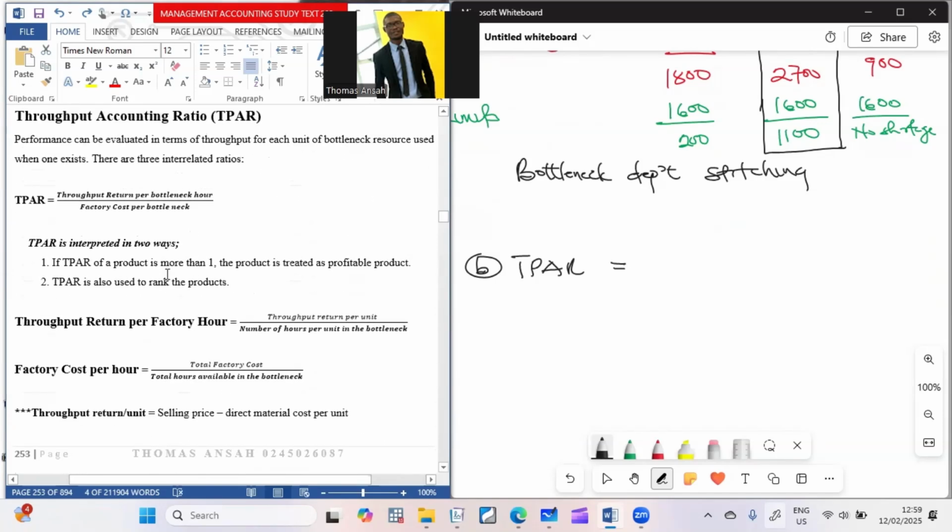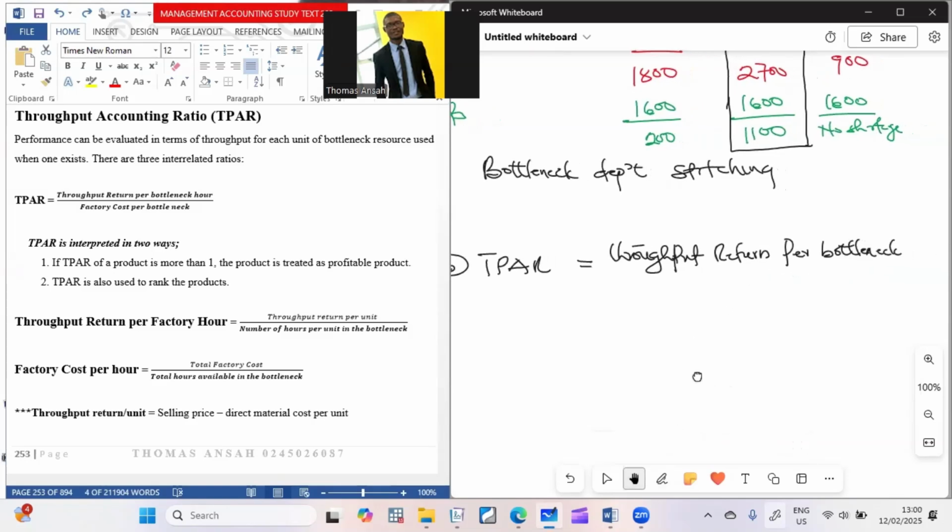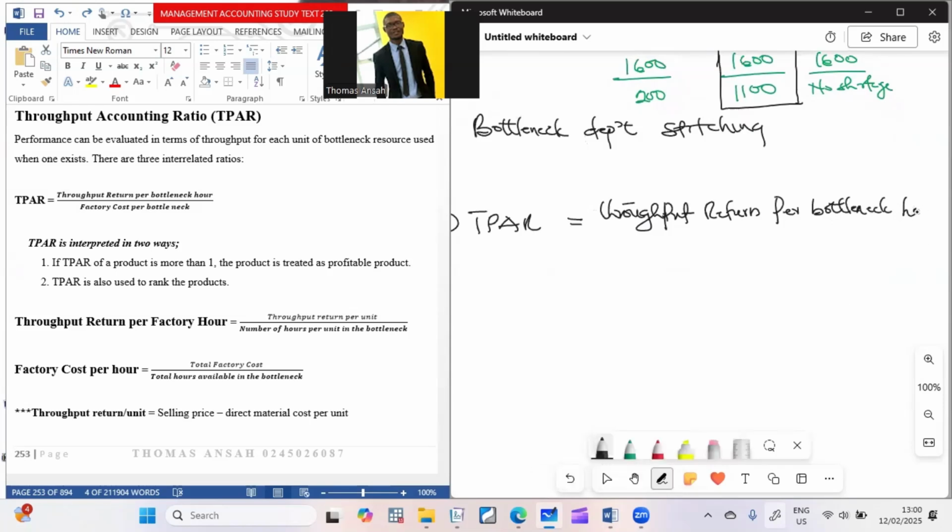So you come here, throughput accounting ratio is given by throughput return per bottleneck hour, all over the total factory cost per bottleneck hour.